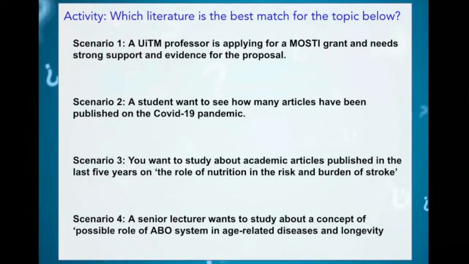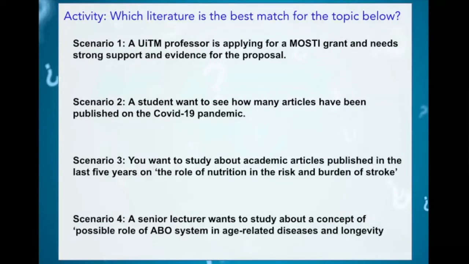What do you think? Alia, what do you think? Do you have any answer for that? There's nothing, right? No marks either. It's just for fun, just for your understanding. What do you think?